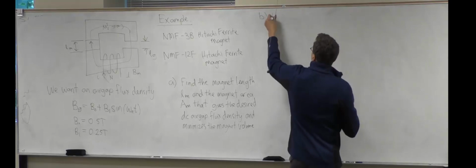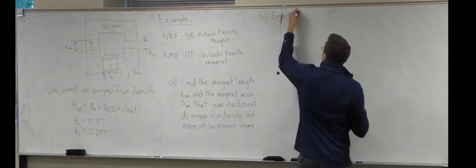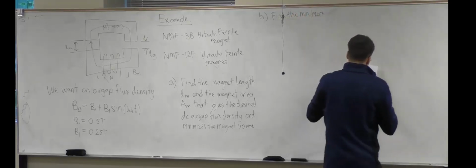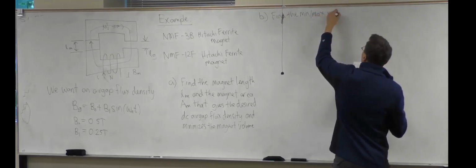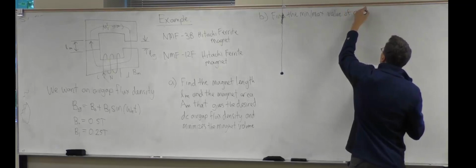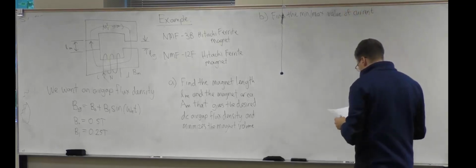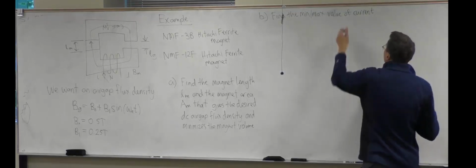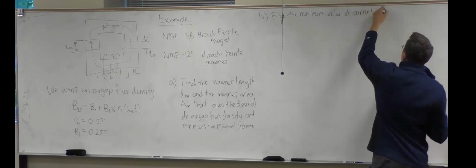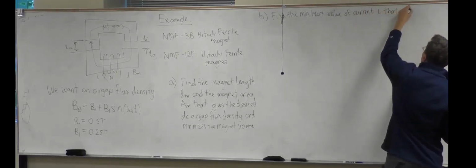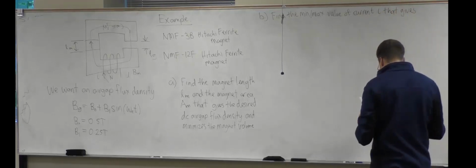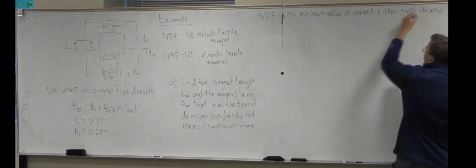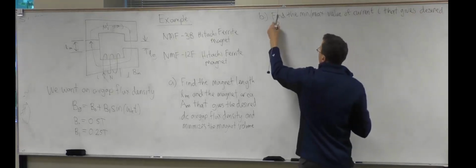So B is find the max value of the current I that gives the desired B1 value.